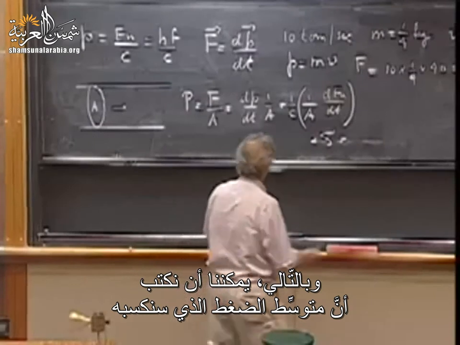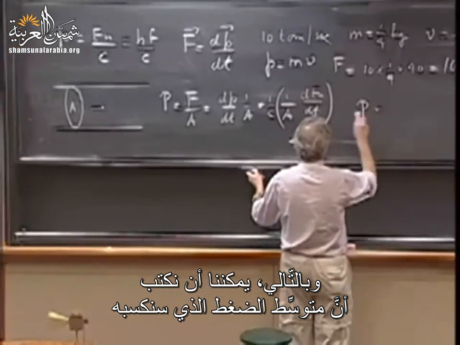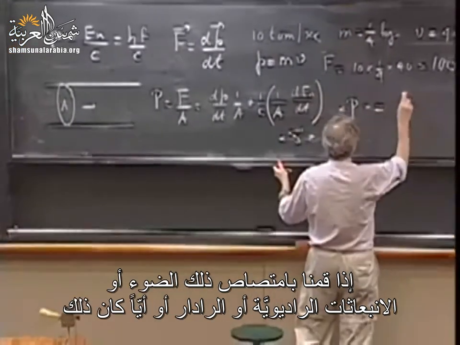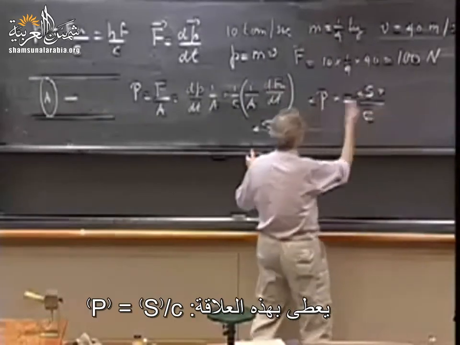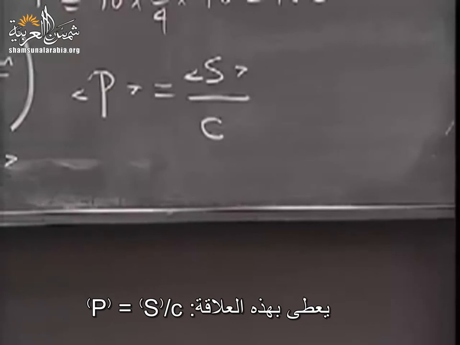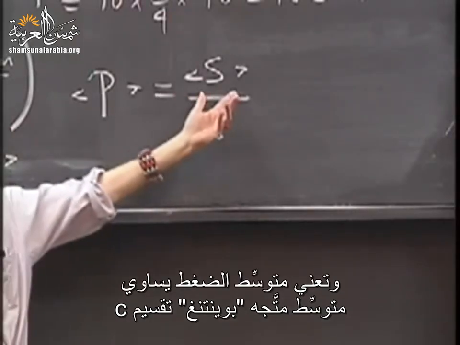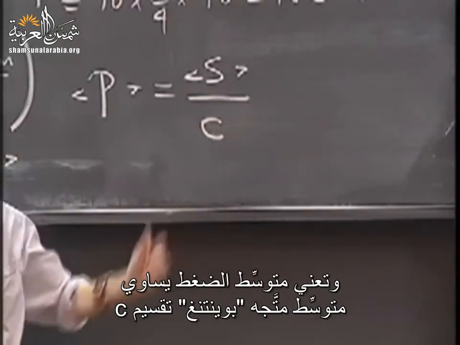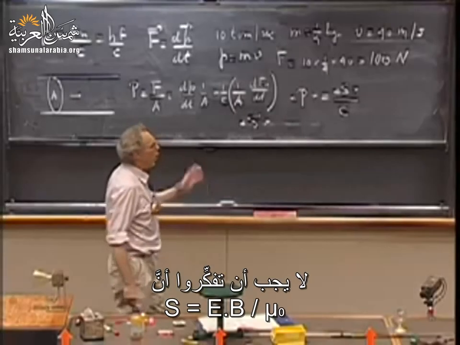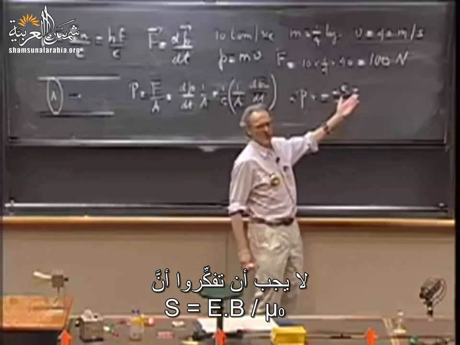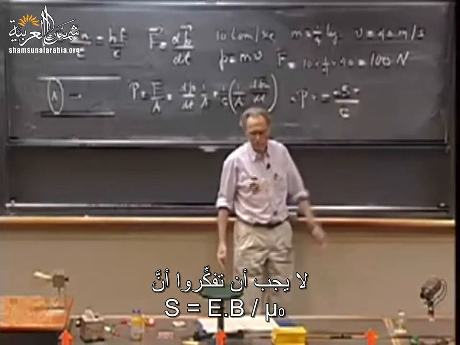And so we can write now that the average pressure that you will experience if you absorb that light, or the radio emission, or radars, or whatever it is, is given by this relationship, namely that the average pressure is the average Poynting vector divided by c. You no longer have to think of S being E cross B divided by mu 0.